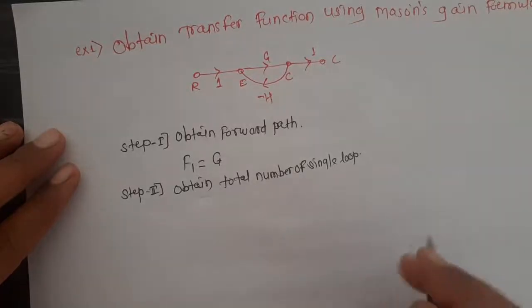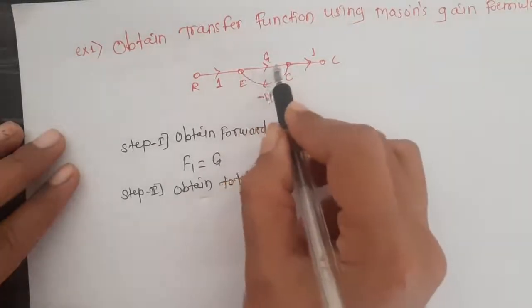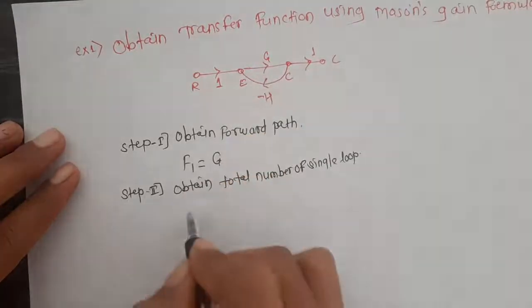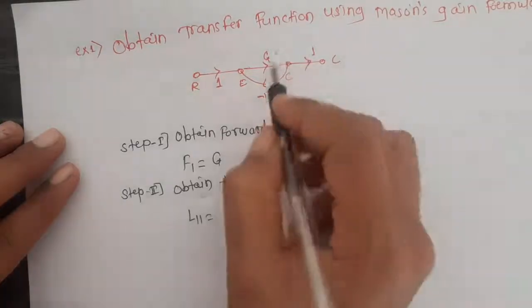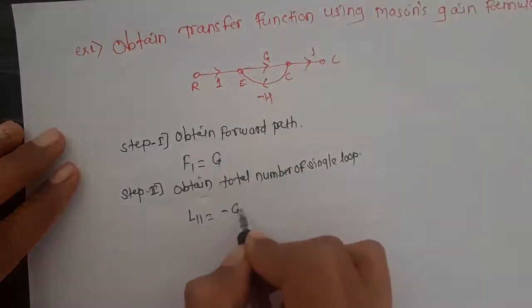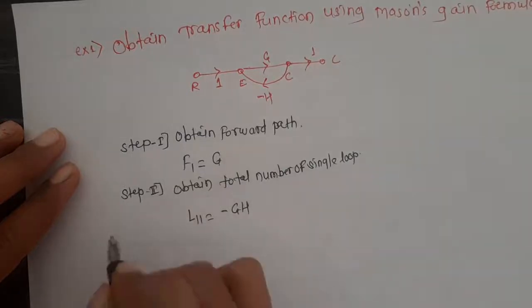Here only one single loop is there, that is EC. So L1, the gain of that loop, is G into minus H, so minus GH.